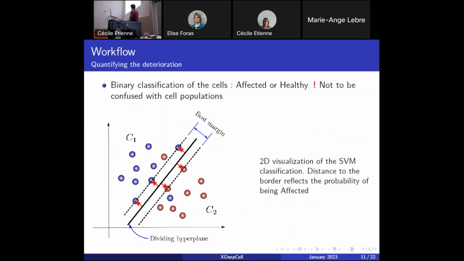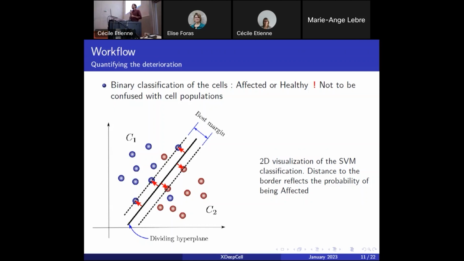That's what's represented here. If we say that C1 is the class of affected cells and C2 the class of healthy cells, we know that some non-treated cells in red can appear deteriorated naturally. And the other way around, this blue cell here represents a cell that was treated but did not react to the treatment.